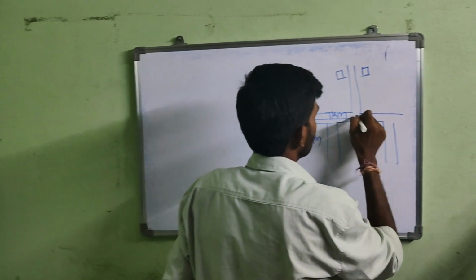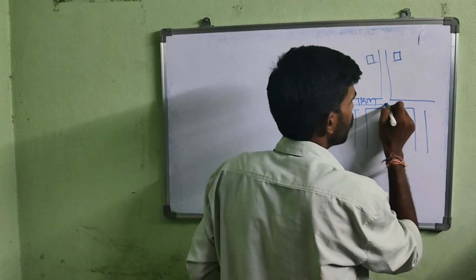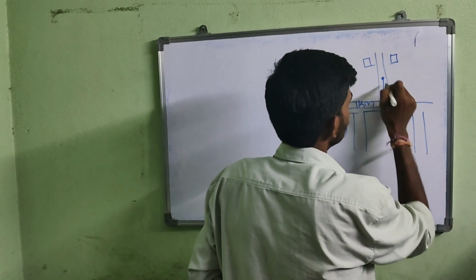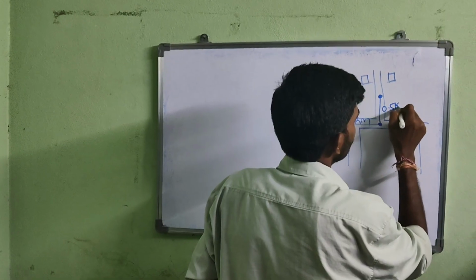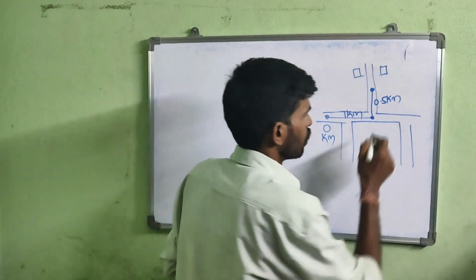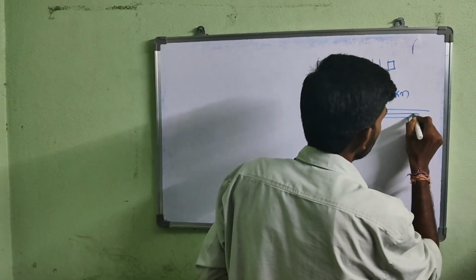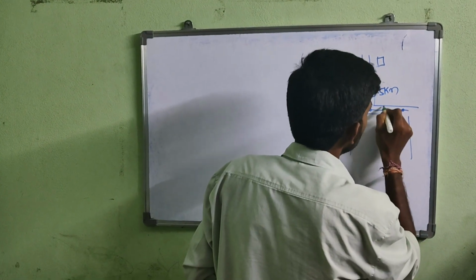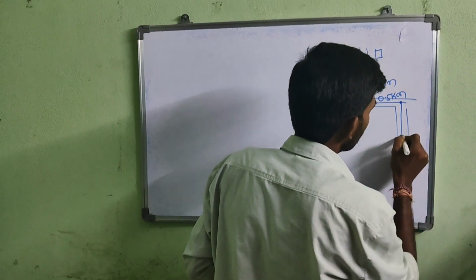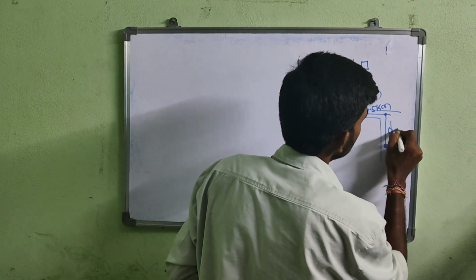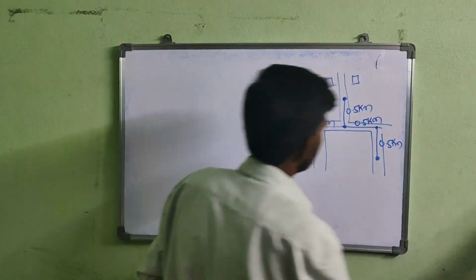When we are taking from here to here, it is 0.5 kilometer, for example. And from here to here is another 0.5 kilometer. Here to here is also 0.5 kilometer.